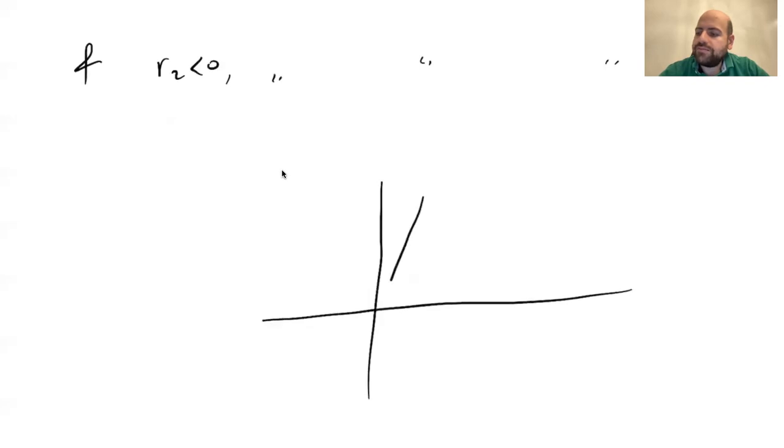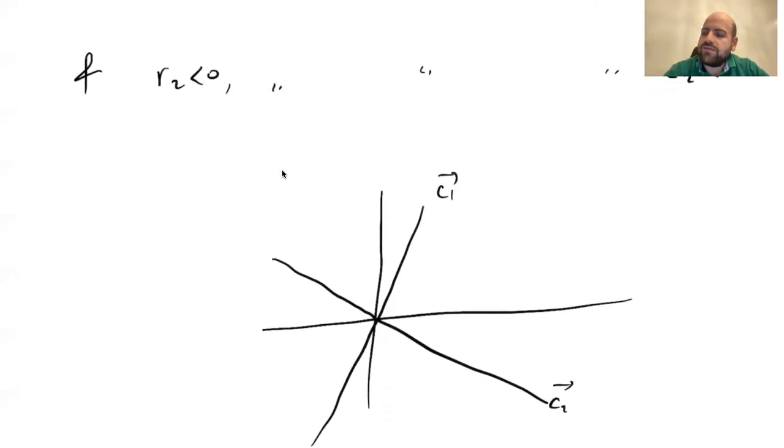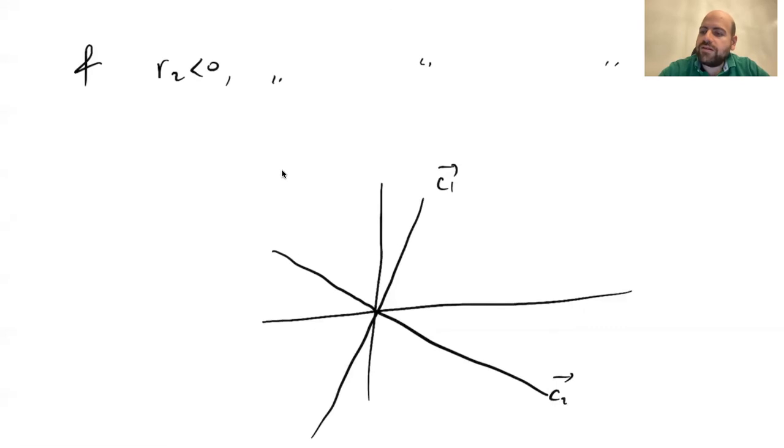Then how does the phase portrait look like? So this time we have two directions. And let's say this is C1, let's say this is C2. C1 is corresponding to a positive eigenvalue, so we'll get farther and farther from origin.